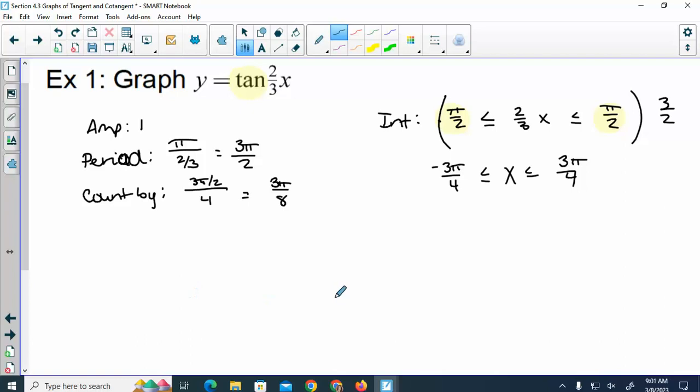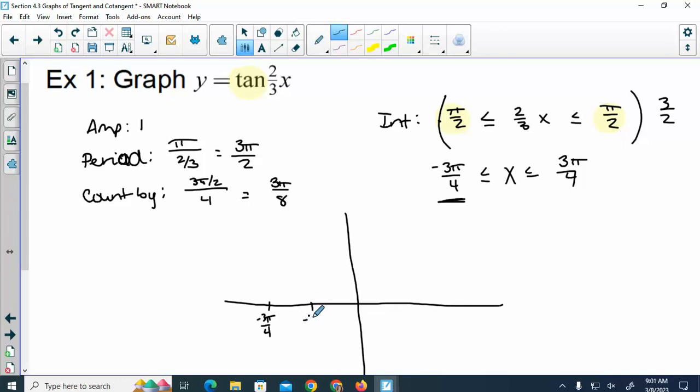Okay, I didn't specify that we have to do 2 periods, so we're just doing 1 period here. The 2 periods, same as we've done before, you basically do 1 and then add more points to the end. We are starting our graph at the beginning point of our interval. So my first point is at negative 3 pi over 4. And then you add your count by. So negative 3/4 plus 3/8.